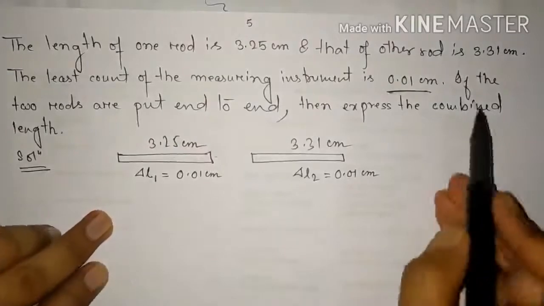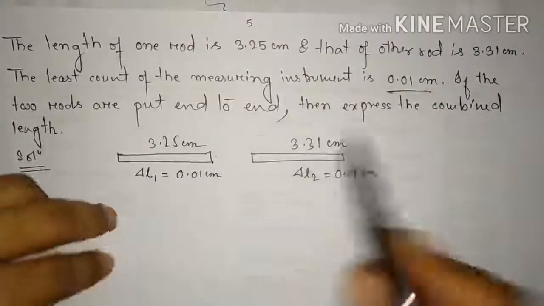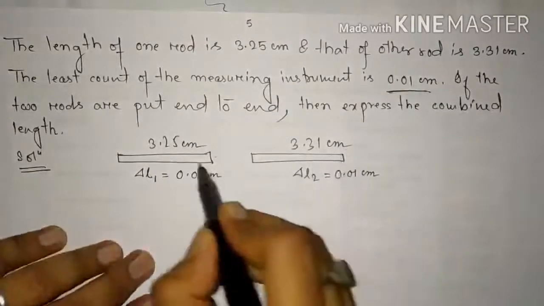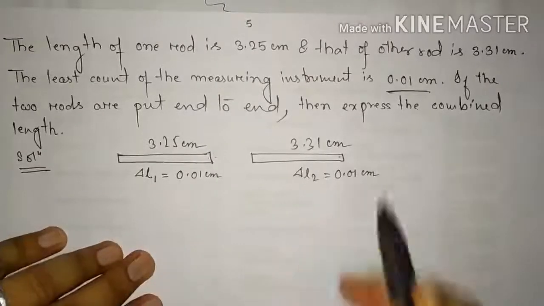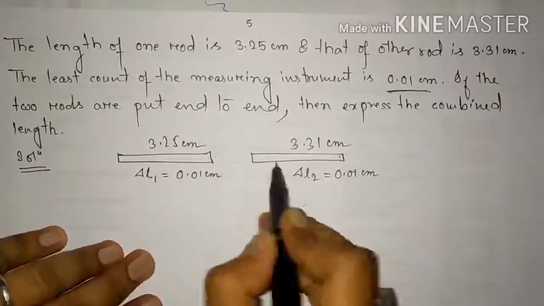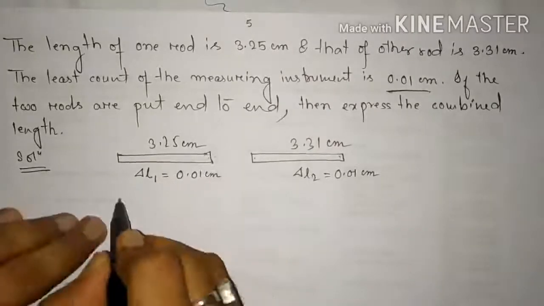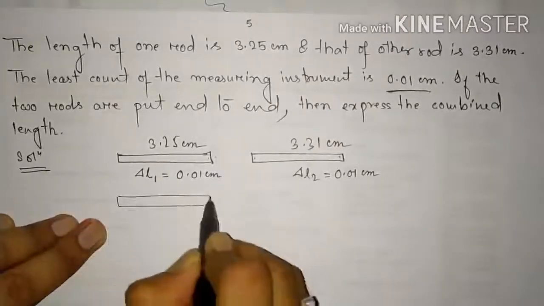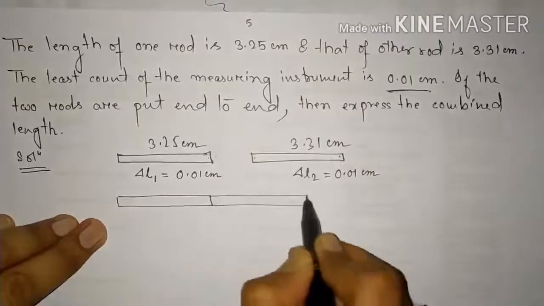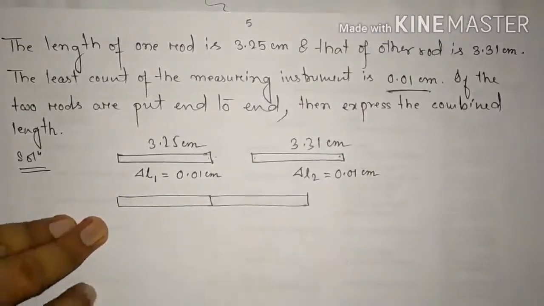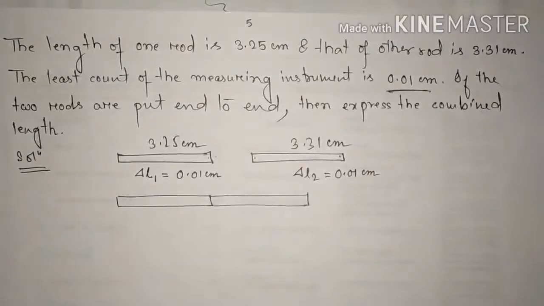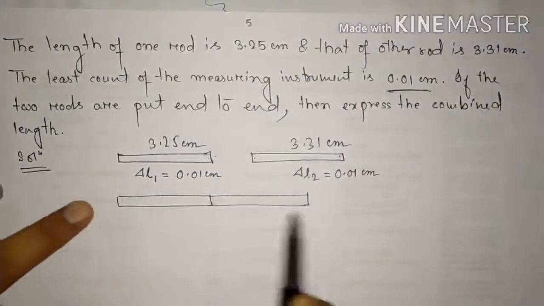Thereafter it says if the two rods are put end to end, that means just a join, this is say end, this is say end, or end to end means this is also one end. So if I join both the rods, then how to express the combined length?